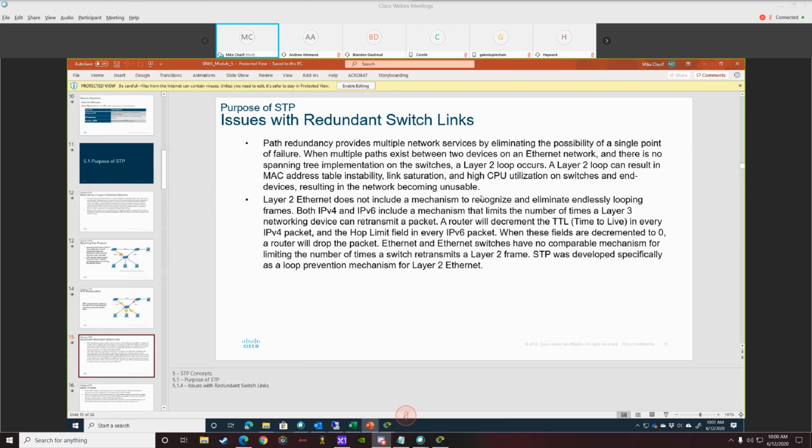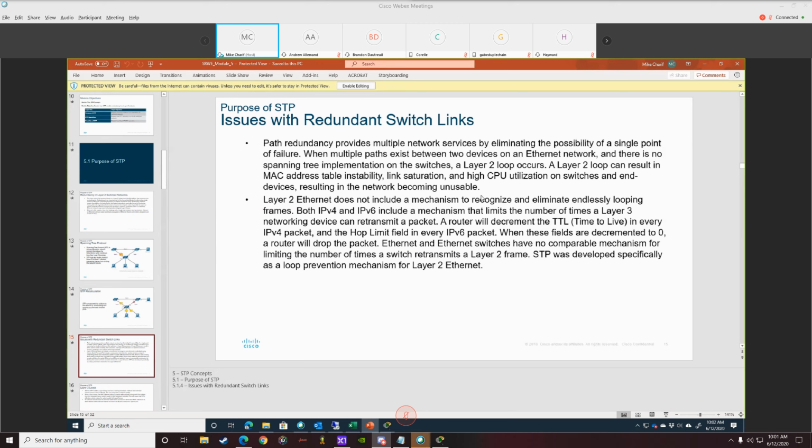Basically, there's a certain amount of memory on a switch. If you flood a lot of addresses in there and cause an inconsistent MAC address table, well, guess what? People cannot access the server or whatever devices they want to access. And this is what causes denial of service.